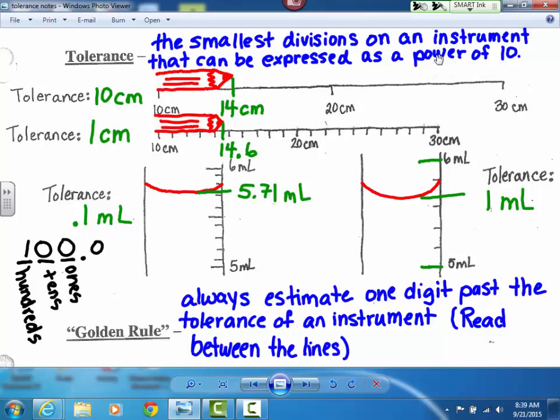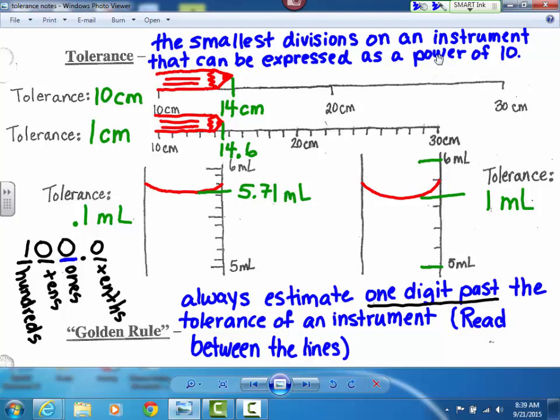And then tenths. Okay, this is kind of important because of our rule. Always estimate 1 digit past the tolerance. If you were to look at this example here where the tolerance is 1 centimeter, the tolerance for that one would have been in the ones place.